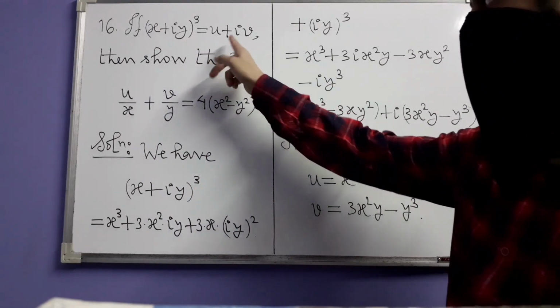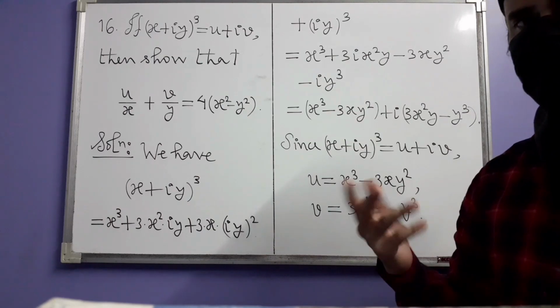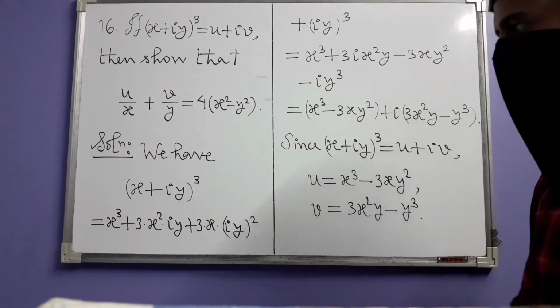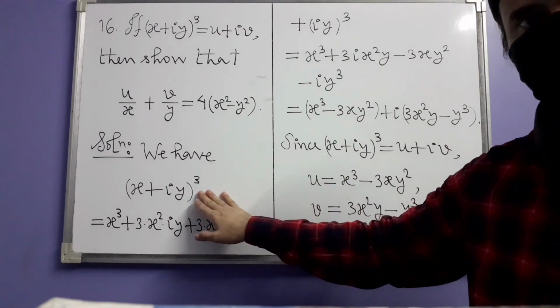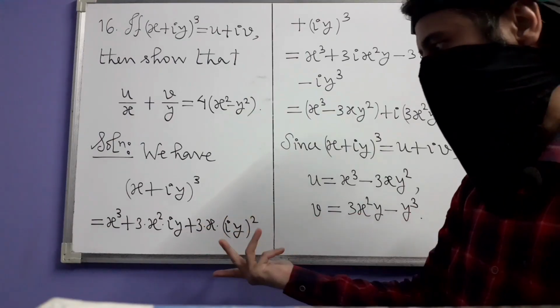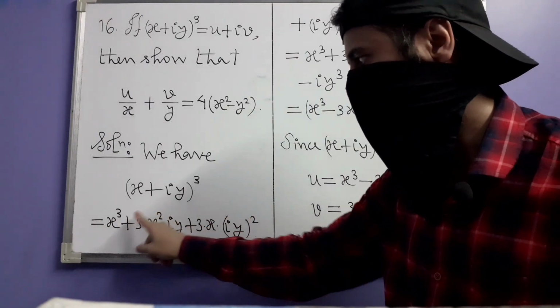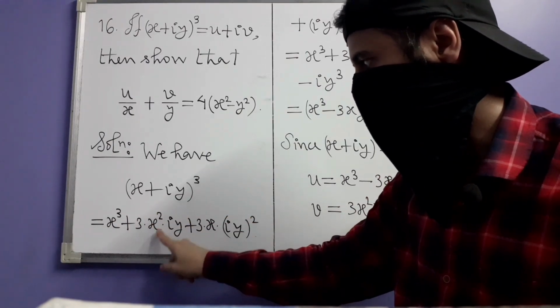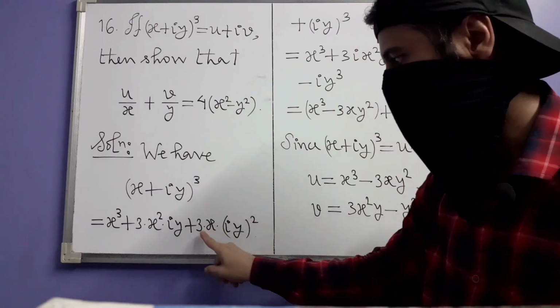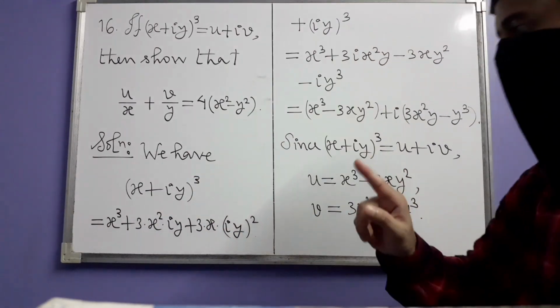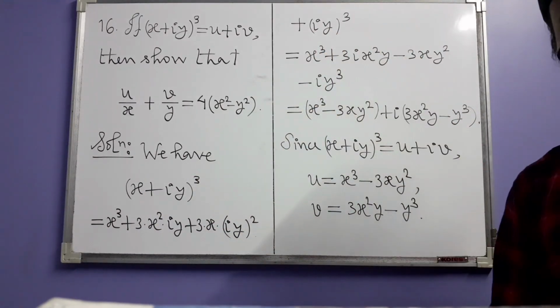If you want, you can write it equal to u + iv, but it's a little cumbersome to keep writing it. Instead, let's simply expand the cube using our usual formula. So x³ + 3x²(iy) + 3x(iy)² + (iy)³.